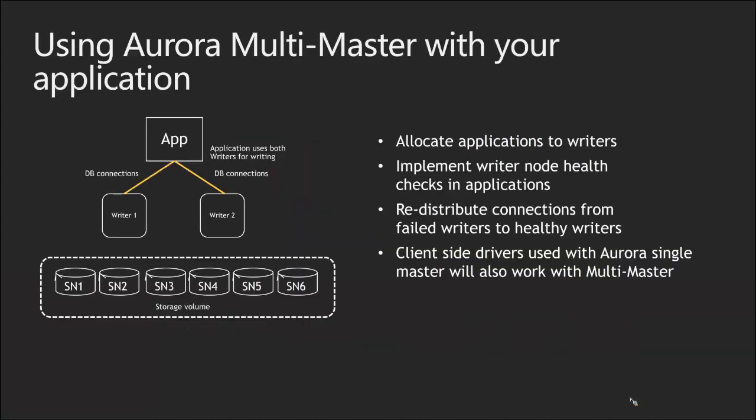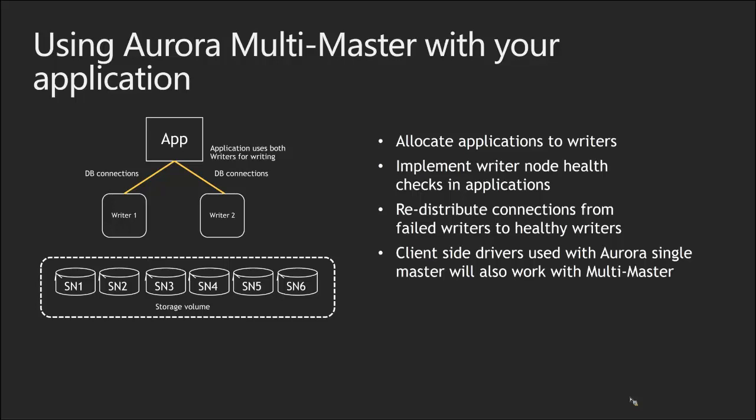So how do you use Aurora Multi-Master with your application? Every write that you do, you can see the app here will write to one of these endpoints, either writer 1 or writer 2 in this example. And then writer 1 and writer 2 will write the data to the storage layer.